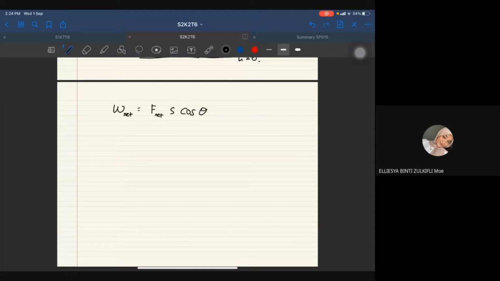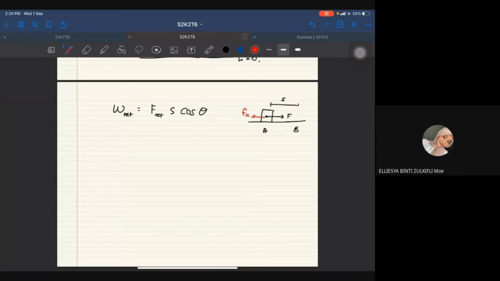Okay, so kalau saya nak cari work done on the system, contohnya this is my system. Okay, let's say this box is travelling from point A to point B at the distance of S. Okay, I have a force in this direction and I have a friction in this direction.